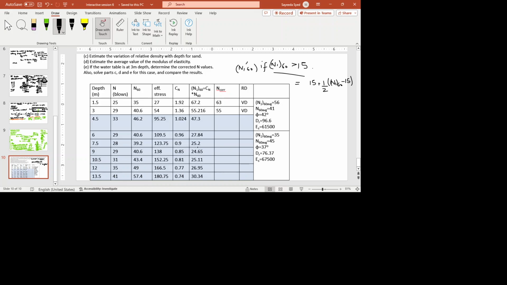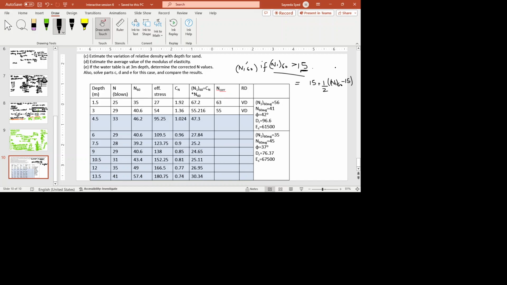If it is less than 15, then no dilatancy correction. Since all our values are above 15, we have to correct for all of them. If any of the values was below 15, we would not need to correct for that because it would come out to be negative. So let us calculate for these.